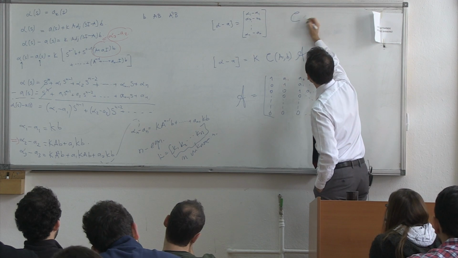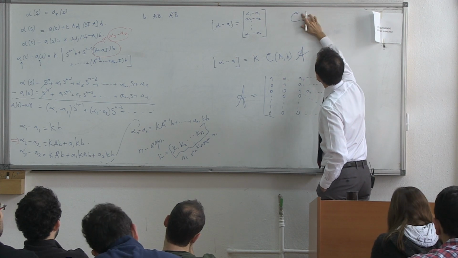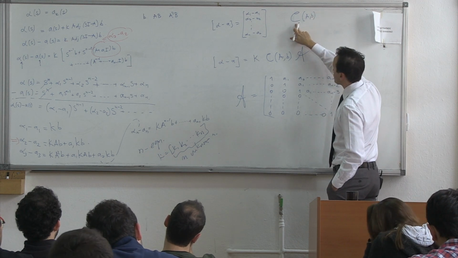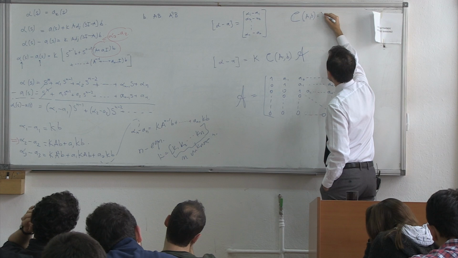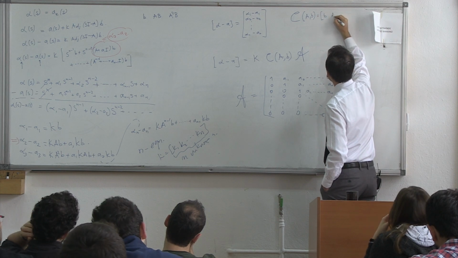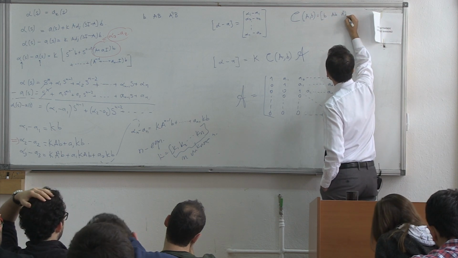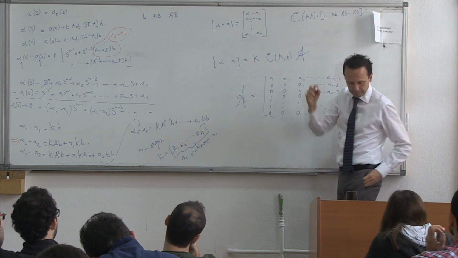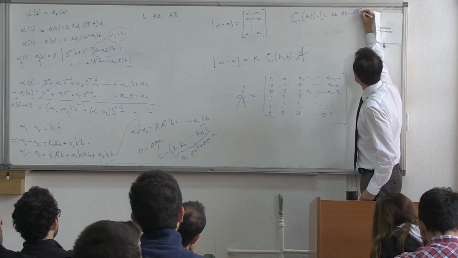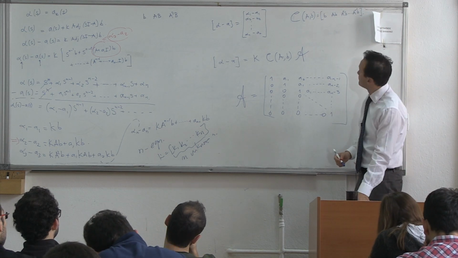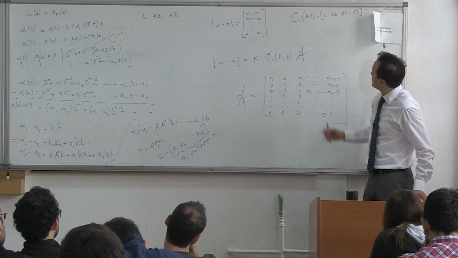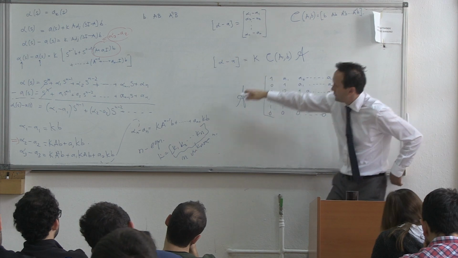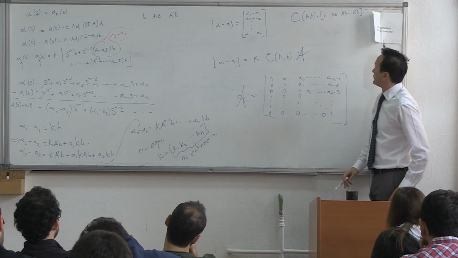This is supposed to be a big C. Is equal to a big C, the controllability matrix of A, B, is simply B, AB, A squared B, all the way to A to the power n minus 1 times B. Okay? So you multiply this matrix with this, multiply it with K, you obtain this one.